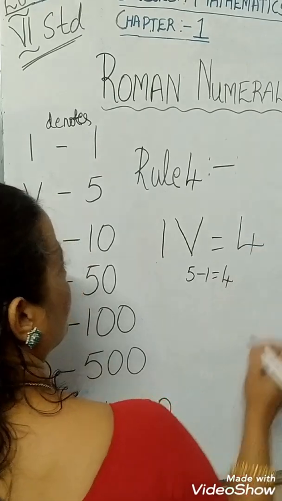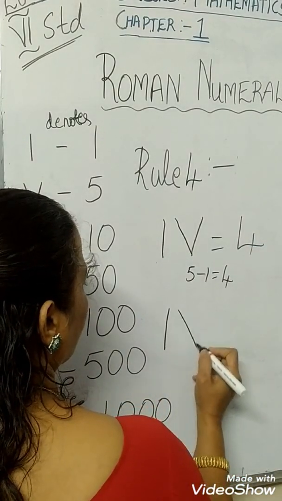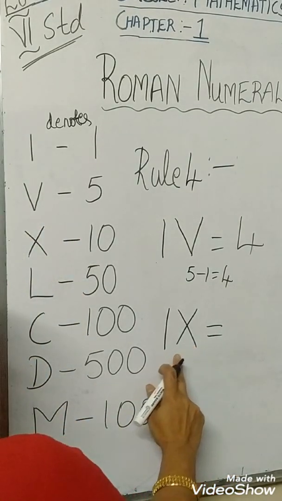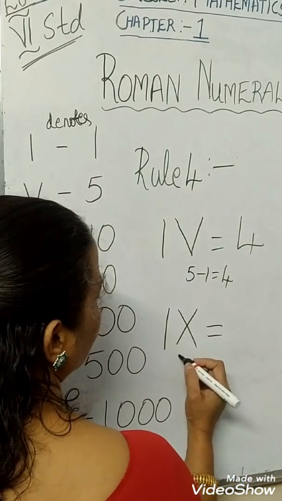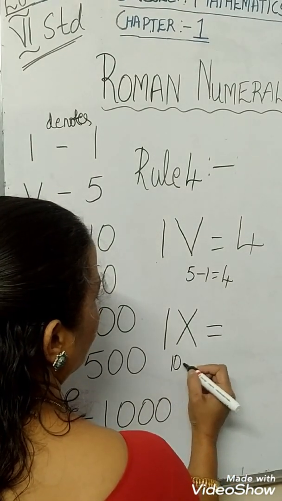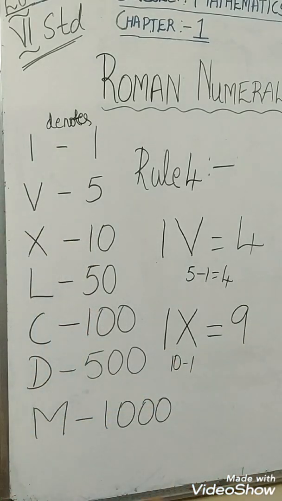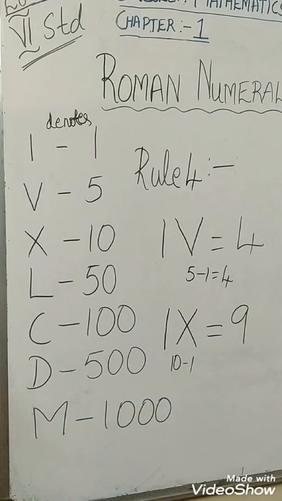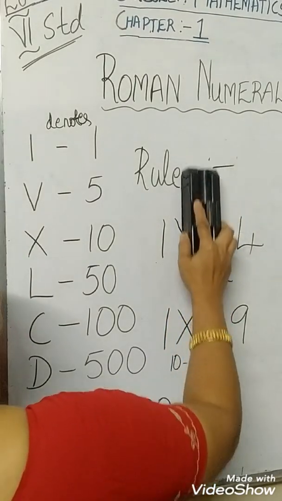This is 4. Similarly, you see here, the greater value is 10, and when I is subtracted, it becomes 10 minus 1. It is 9. The symbol for 9 is IX. Did you get it? Now we will go for the last rule.